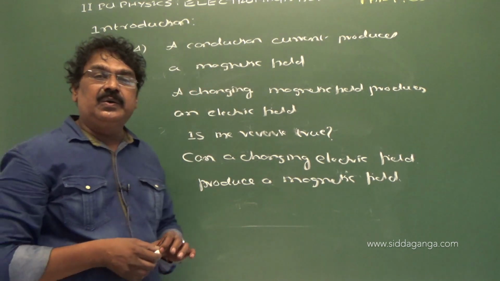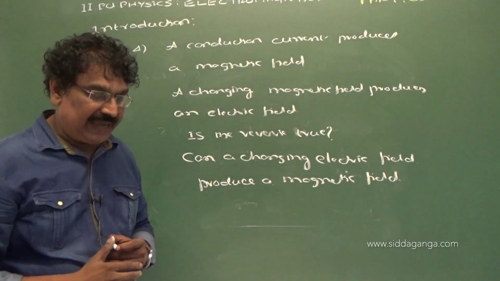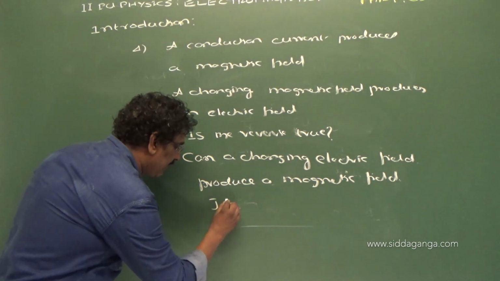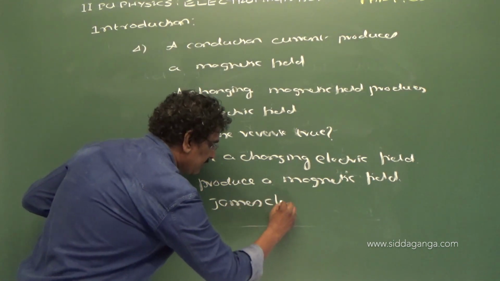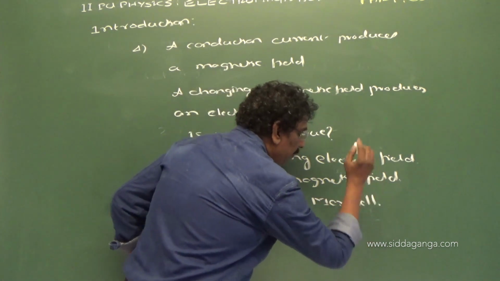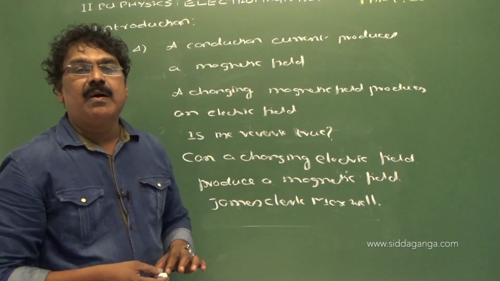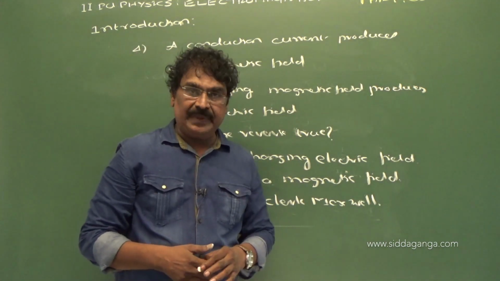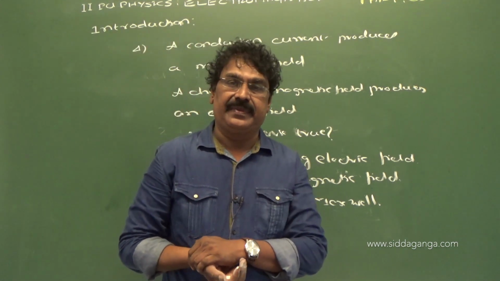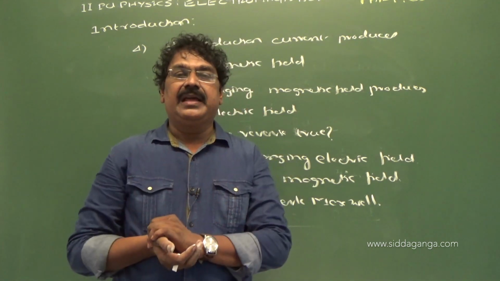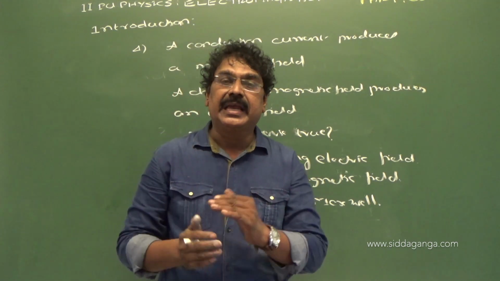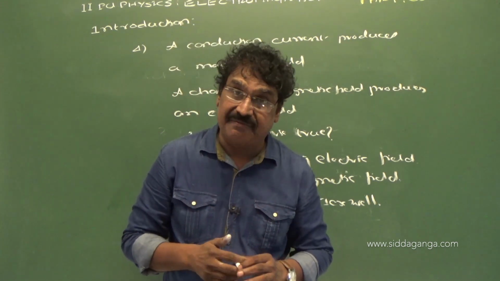The answer to this question was given by James Clerk Maxwell. According to him, a time varying electric field, that is, an electric field which is changing with time, gives rise to a magnetic field.